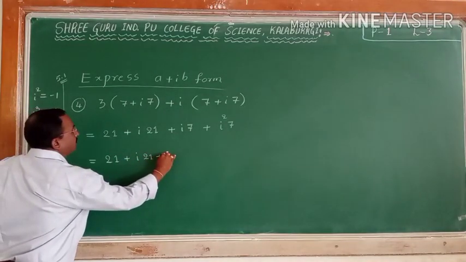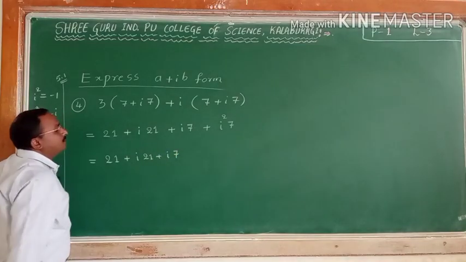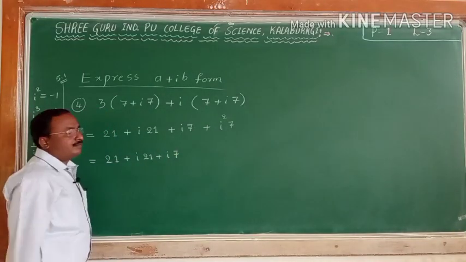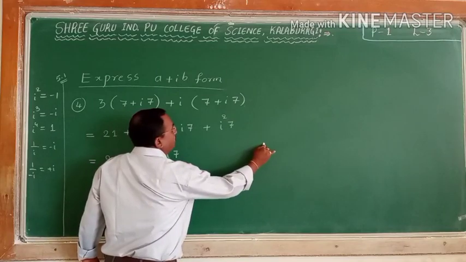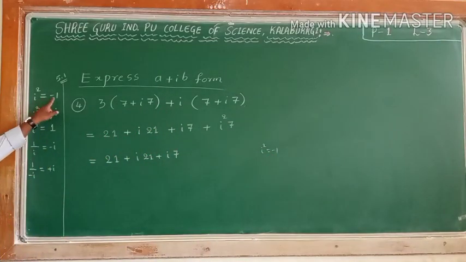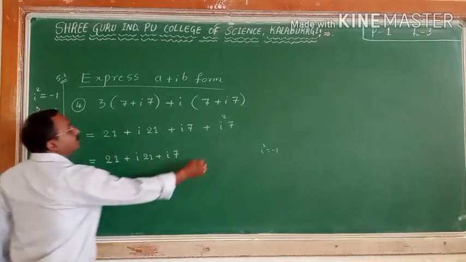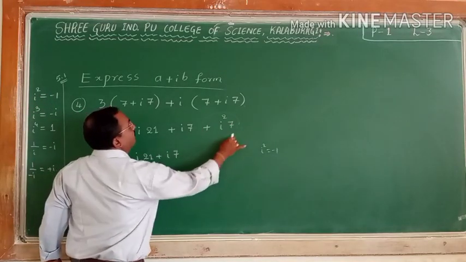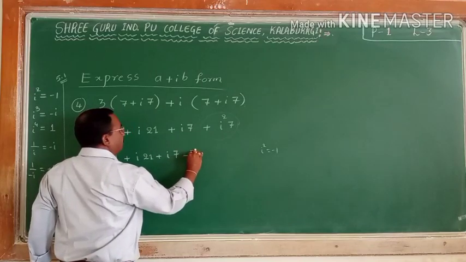Here i square value is what? Minus 1. So in this place the value is minus 7.